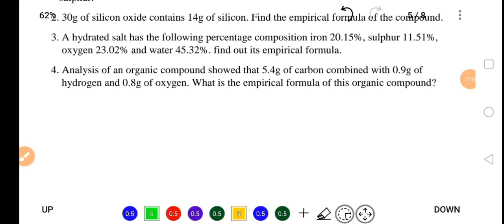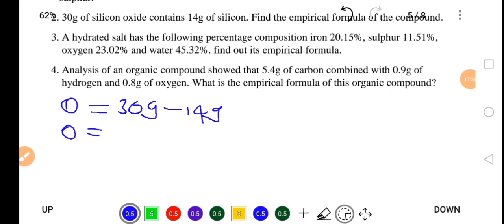So we are going to say oxygen equals 30 grams minus 14 grams. And the mass of oxygen will be 16 grams.